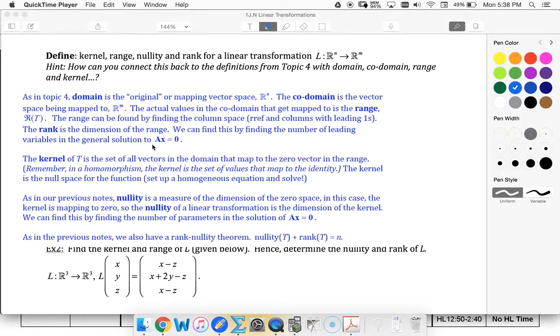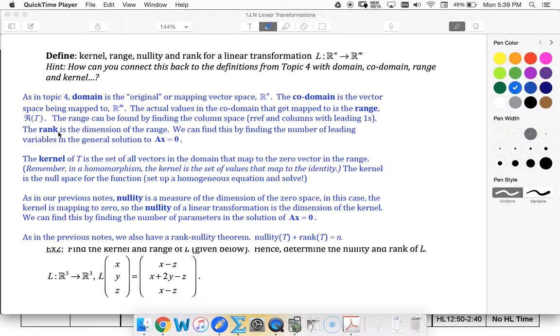Right, so we're looking at some definitions here, and our definitions really map back to topic 4: domain, codomain, range, and kernel. So domain, just like in topic 4, is our original space that we start in, Rn. The codomain is what we're mapping to, Rm.